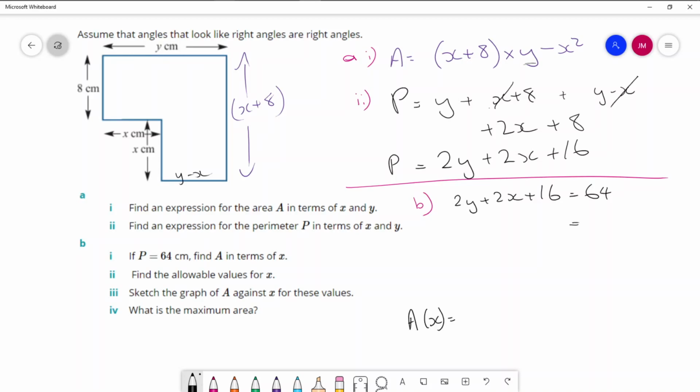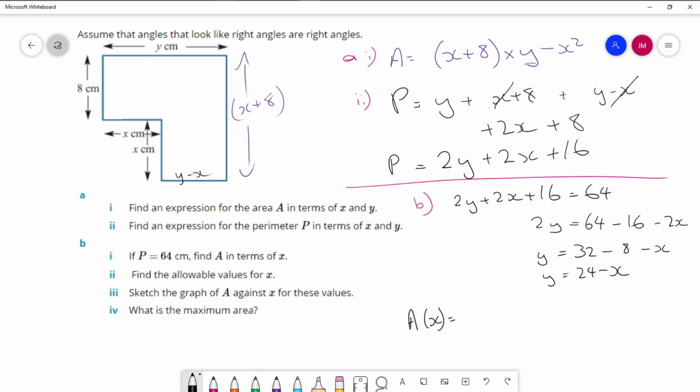From 64, I'm going to subtract my 16, and I'm also going to subtract my 2x, which would give me 2y. So y would be 32 minus 8 minus x, just dividing all through by 2. So I'm going to have y equals 24 minus x. I'm going to take this 24 minus x and substitute it into my area formula.